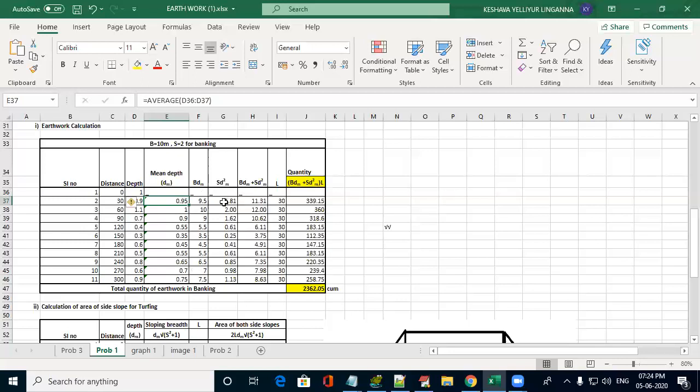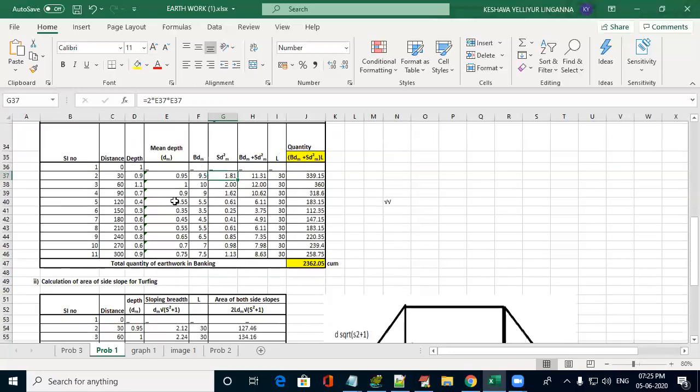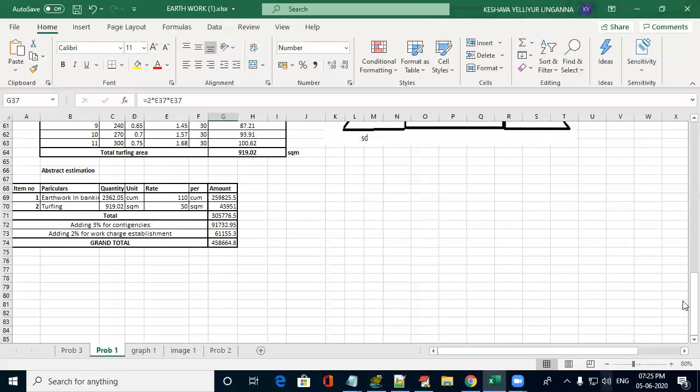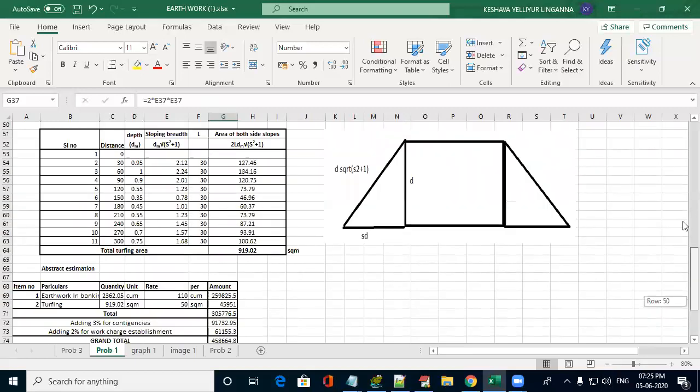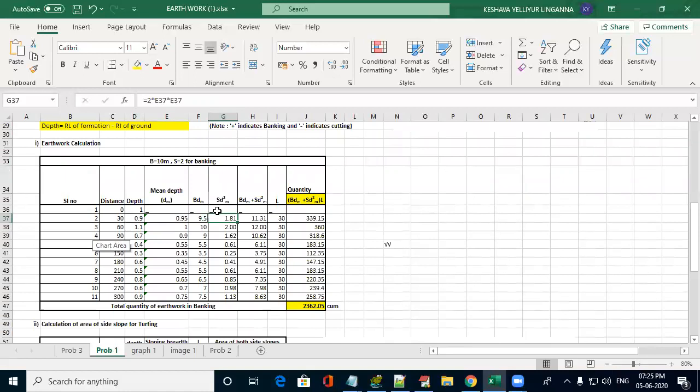And the next column is SD square, which we require here. The value of S is 2 for banking from the given data. S will be constant, 2. DM is this value, so 2 multiplied by the corresponding DM values. 2 will be constant throughout and the DM value keeps varying.